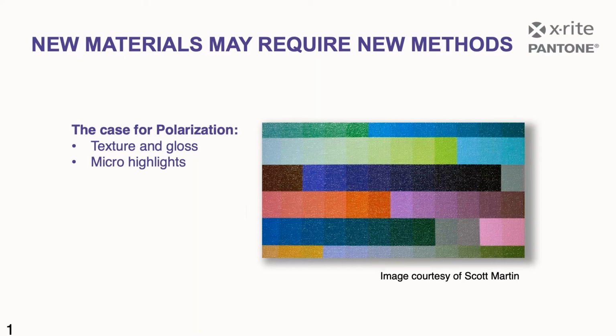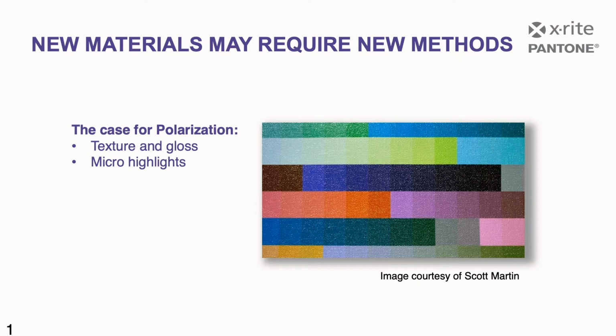So the most common place we see this in digital imaging is in canvas and in some fabrics, where we see this micro highlight effect that hopefully you're seeing on your screen. And this has an interesting effect when you measure it, because your eyes have the ability to sort of throw that out, if you will, right? They can see the purples, they see the oranges, and they can sort of discount those white highlights that are inside of there.